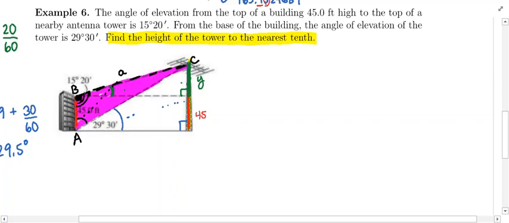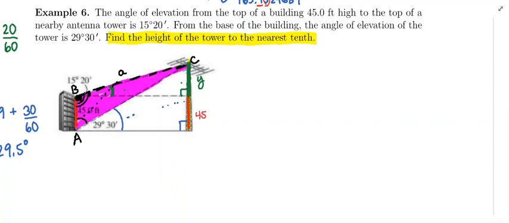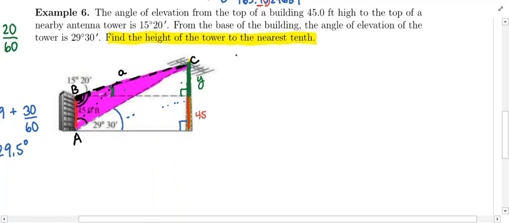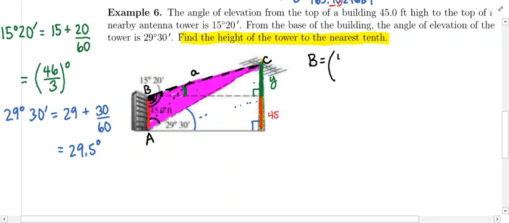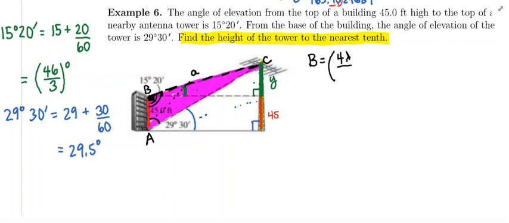If you take the 15 degrees and 20 minutes and add 90 degrees to it, that's going to give you angle B. So I'm going to write that out here. Angle B is going to be 90 degrees plus 15 degrees and 20 minutes, which we said was 46/3, that many degrees.